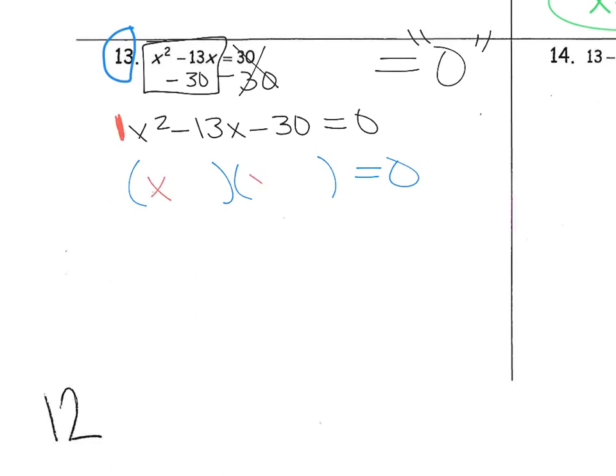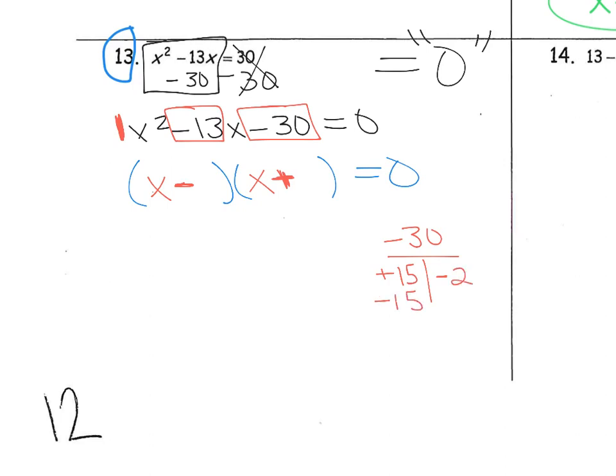So I've got an x and an x. What multiplies to -30 but adds to -13? Well, remember, if we're multiplying to -30, one of these got to be minus and the other one has to be plus. A positive times a negative is going to get you a negative. So our only options here, well, let's think. We've got +15 and -2, or we have -15 and +2.